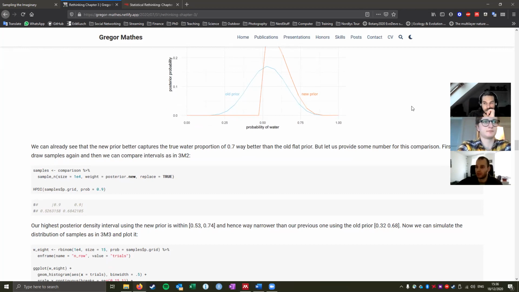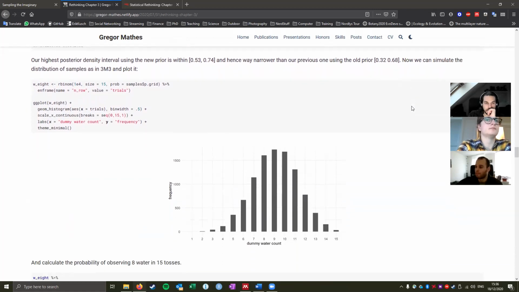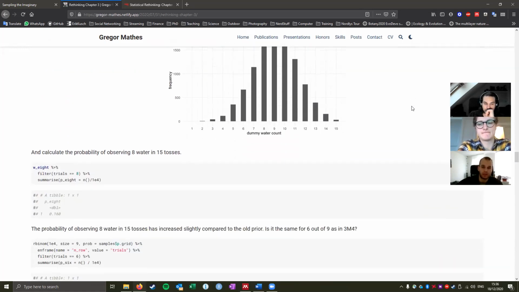And the next one is just updating the example with the distribution for each value out of these 15 tosses, showing basically the probability.